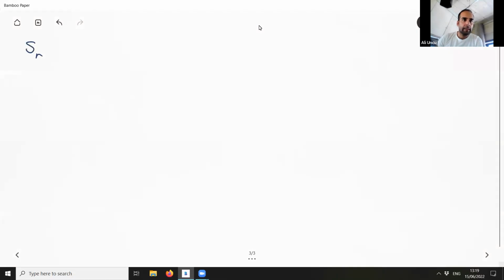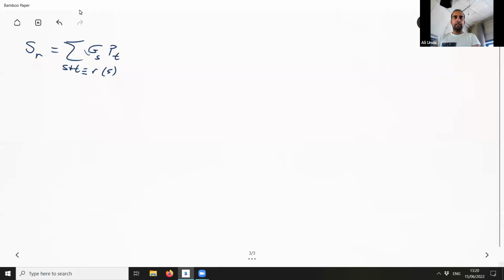So S plus T. G of S, P of T, and this is congruent to R modulo 5, S plus T is R modulo 5.